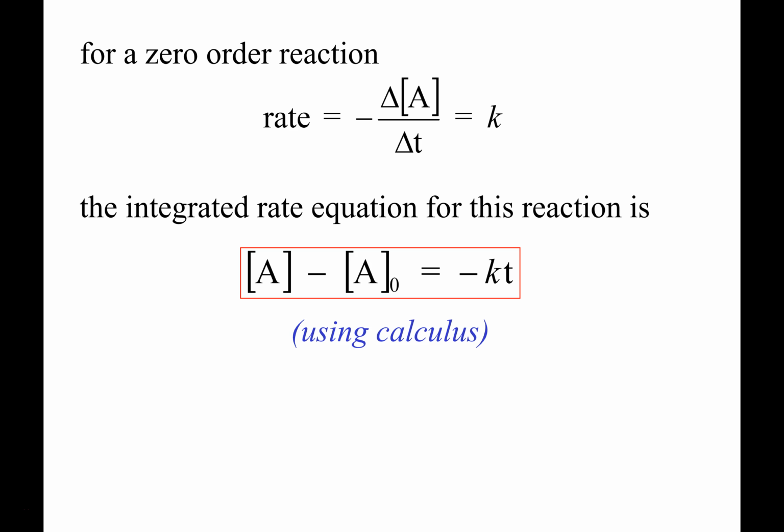This is 0 order. This is first. This is second. Okay. So the integrated time concentration equation looks like this: the molar concentration of A at any time t minus the molar concentration of your initial A is equal to negative kt. I'm not sure, like I said, if that will be on there.